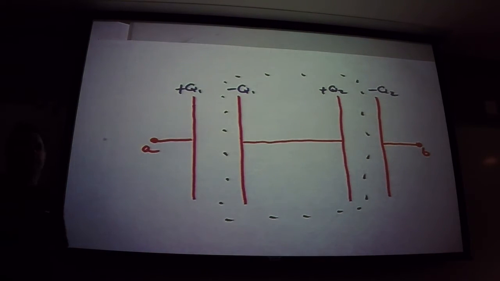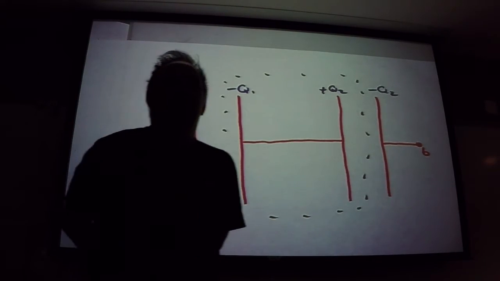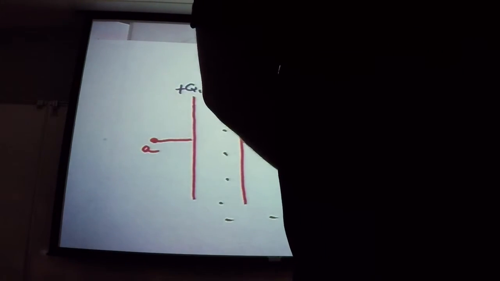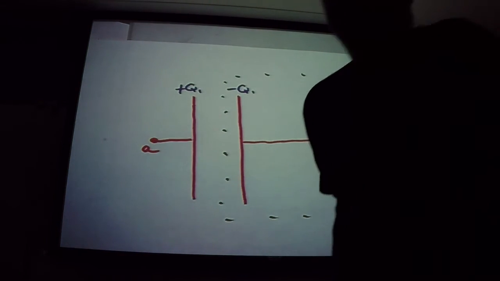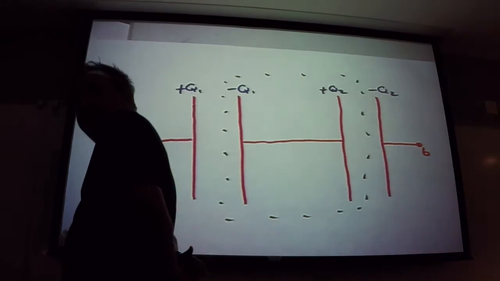Before I hooked up the battery, what was the total charge on the H? The net charge on that H? 0. Before I connected it, it would be 0, because if I don't connect it, there's no net charge, right?